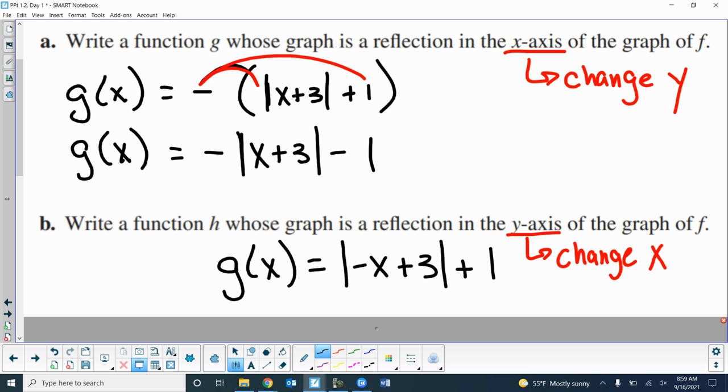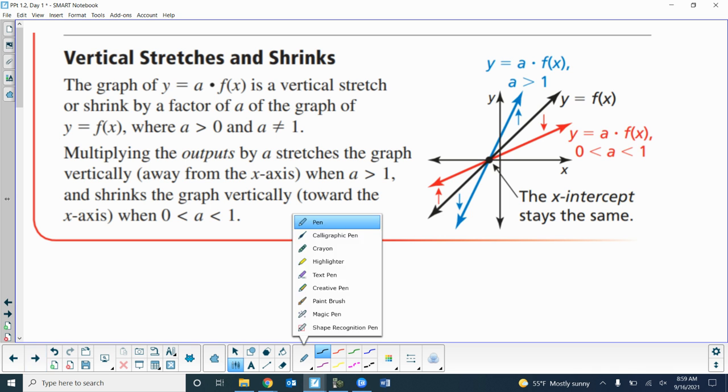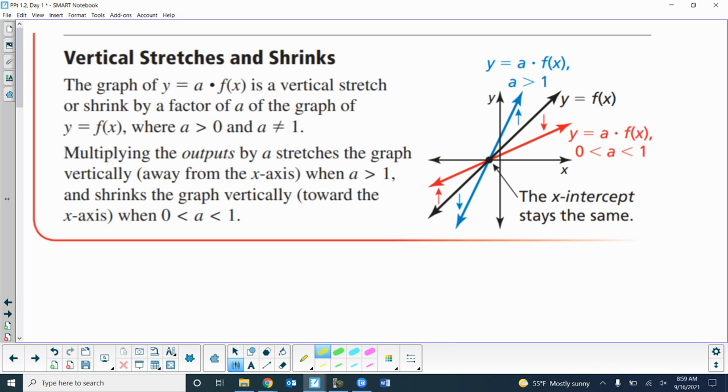All right, so we did some translations, right and left, horizontal, up and down, vertical, and then we did some reflections. Okay? All right, let's talk about the stretches and shrinks, which we've done a little bit of that. We call them, instead of shrinks, compressions, right, Noah? All right, so we're going to multiply the whole thing by a factor there for the stretch.